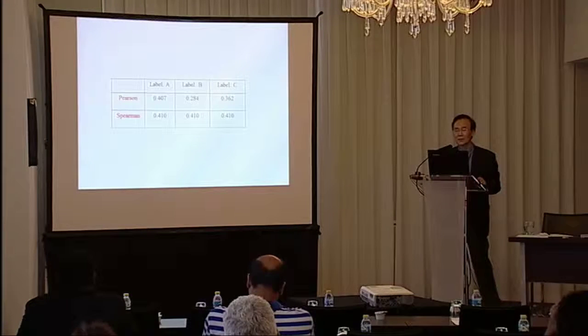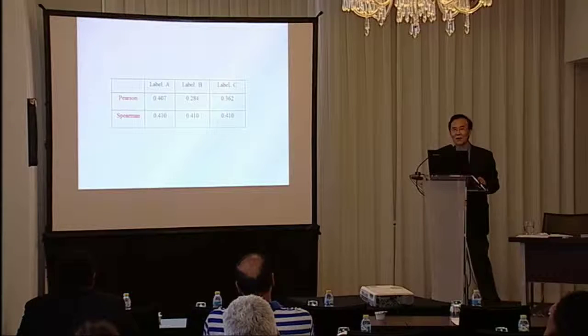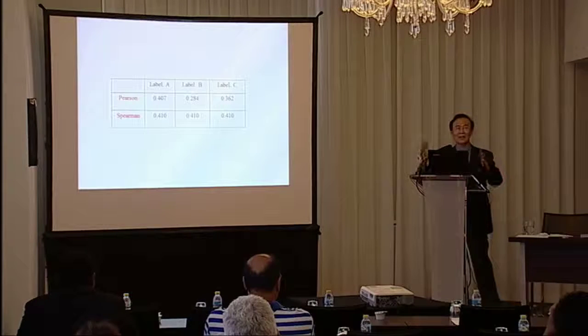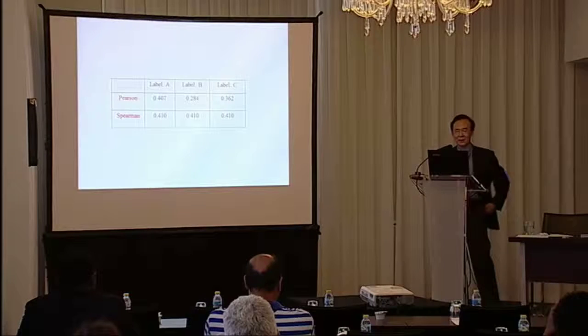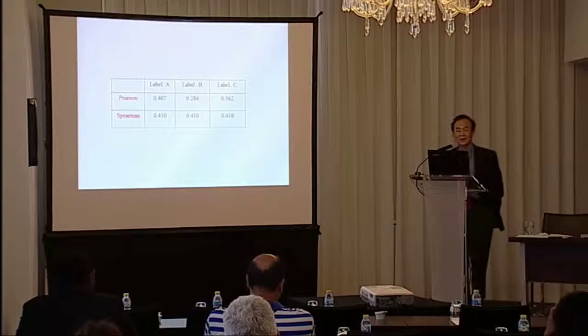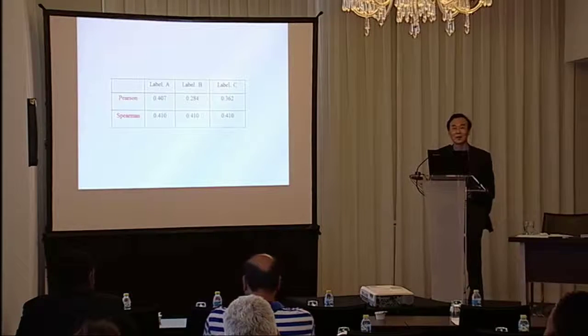On label C, you have 36%. What's wrong with this? You have identical data, but the result depends upon the labeling system. The labeling system is arbitrary. You can have any 5 different numbers assigned to those 5 categories. And this definitely means that the Pearson correlation coefficient is absolutely nonsense when you have ordinal data.